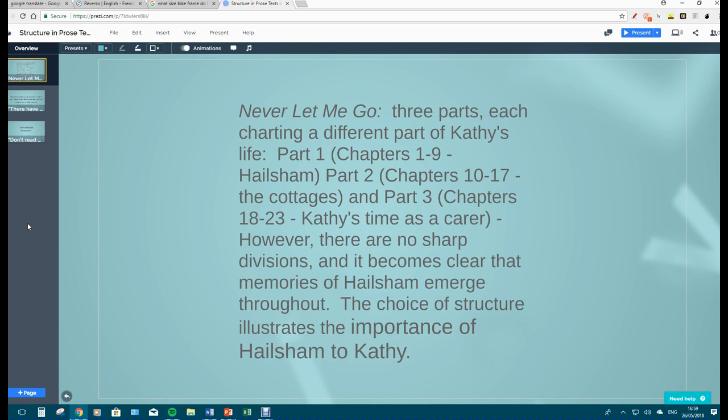Consequently you can see that the structure of the novel and the way in which she returns to Hailsham over and over and over is part of the theme of the novel: the importance of memory, the way in which her childhood has formed her identity, and so on and so forth. So that is what the structure reveals.